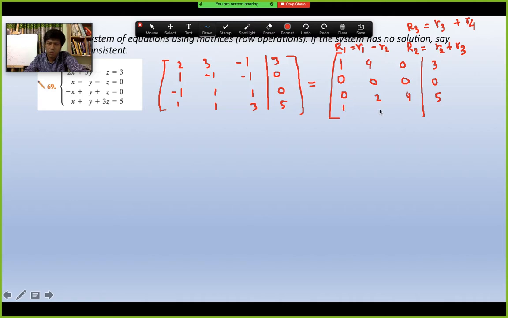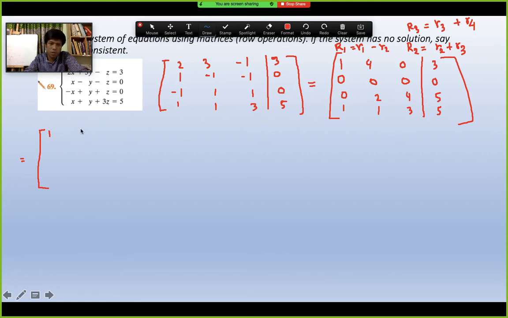We could actually do some operation here also, but let's keep it unchanged because we have already done a lot of work in this one line. Now according to the rule, if there is 0 0 0 in one line, then we need to put that line at the end.